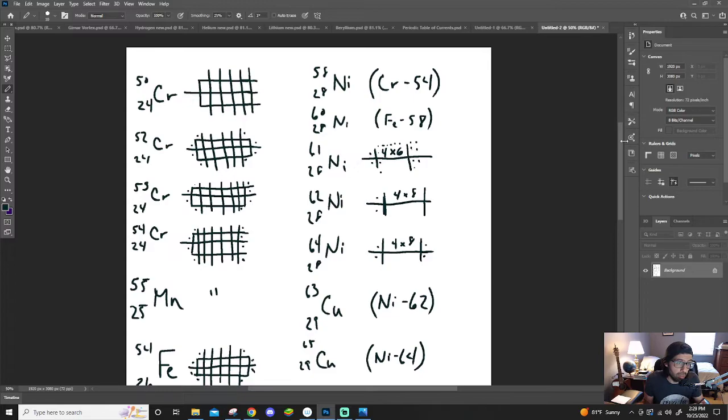So basically it does the same thing where it adds one here, adds one here, 38, and then it adds two here.